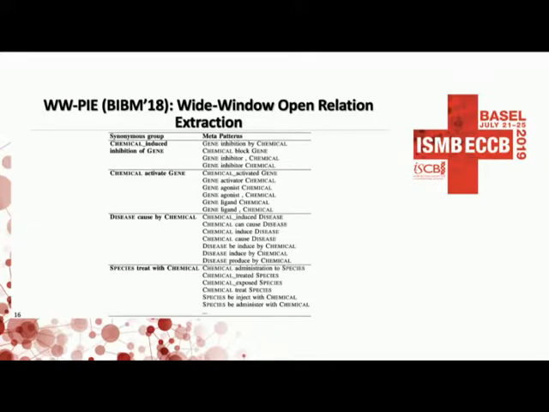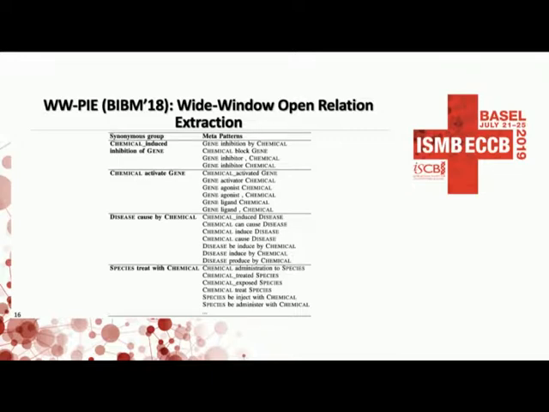One paper was published last year at BIBM, WWPI, wide window pattern-based information extraction. What is wide window? Wide window means in the middle you may have a subclause or some other longer subphrases. Our pattern mining tries to partially parse this part, and even with some substantial portion in the middle, we can still link them together, okay?